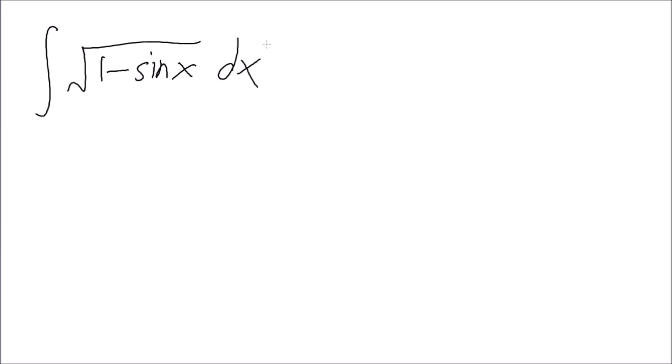And that's it. The integral of square root 1 minus sine of x. What do I do here? We do trig conjugation, right? And what I mean by that is I want to multiply top and bottom by 1 plus sine of x.